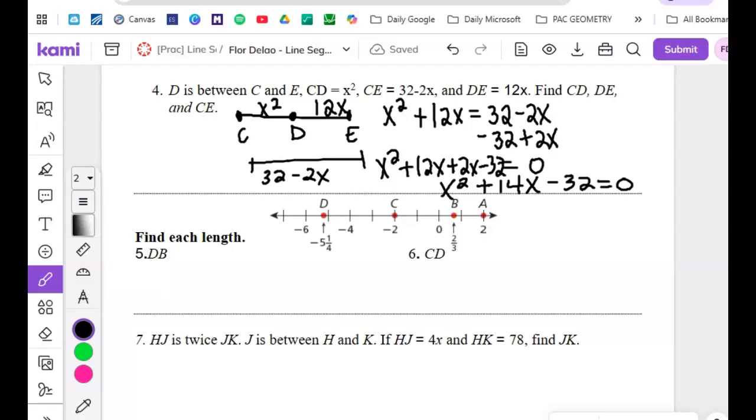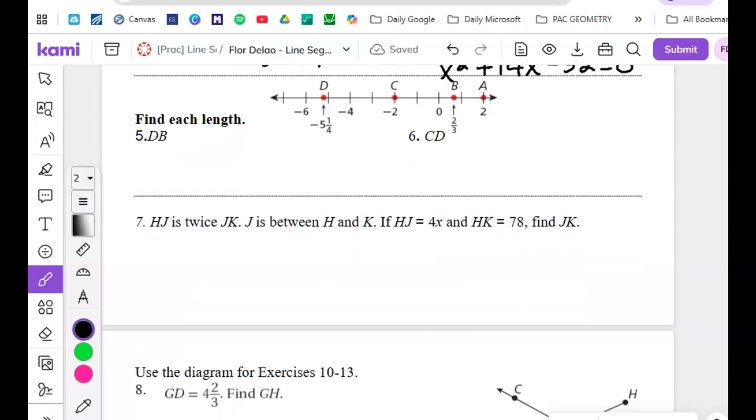Number 5 and 6. Your answers will be fractions, but I need them to be improper fractions. Don't give me decimals because we don't do decimals with repeat. How would you convert a mixed fraction to an improper fraction?